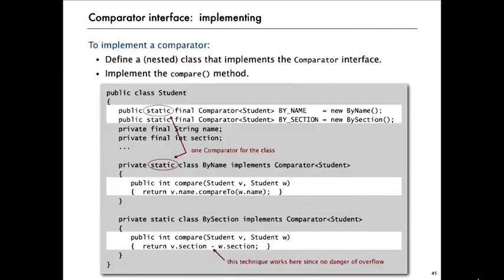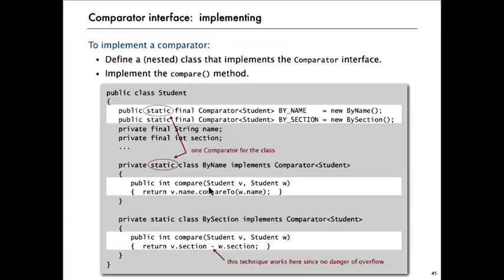To implement a comparator, you can use this code as a model. I won't go through it all in detail, just to point out that this implements two different comparators as nested classes. So, say for this fictional class student that's got two instance variables, name and section. And the first one, called by name, implements a comparator for students.